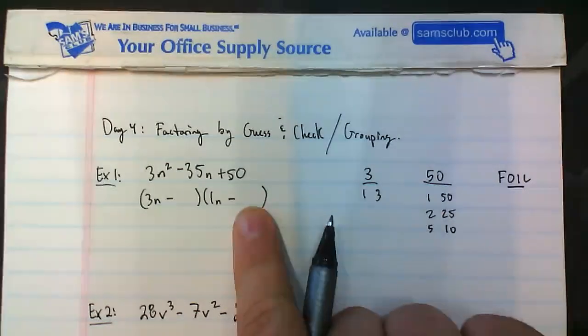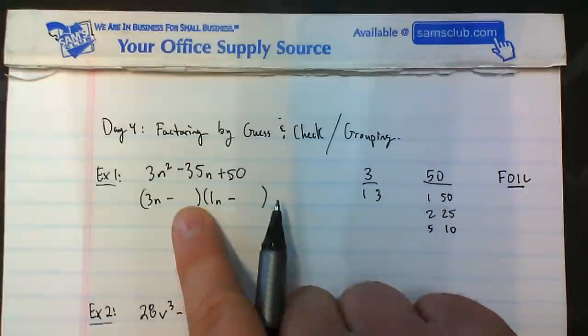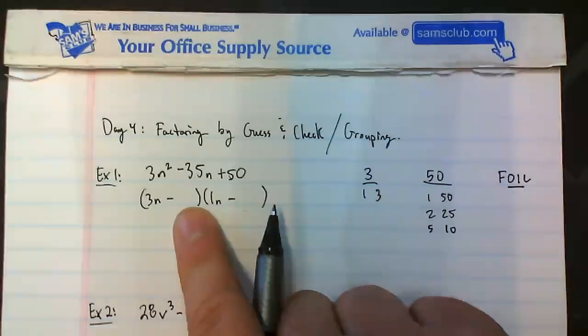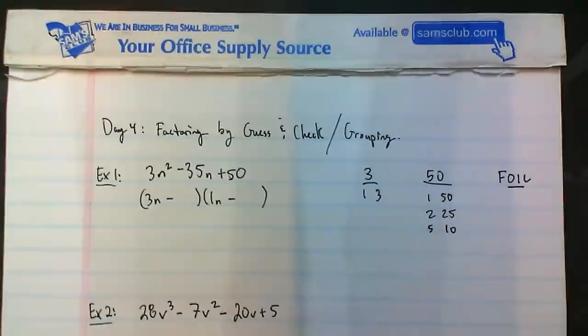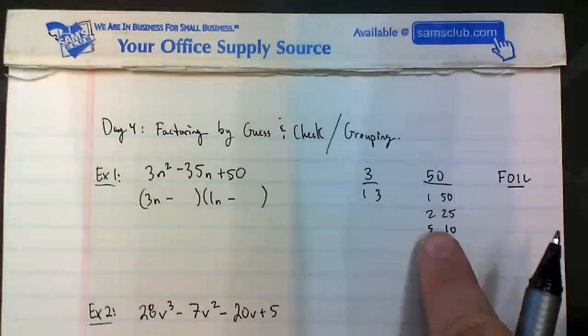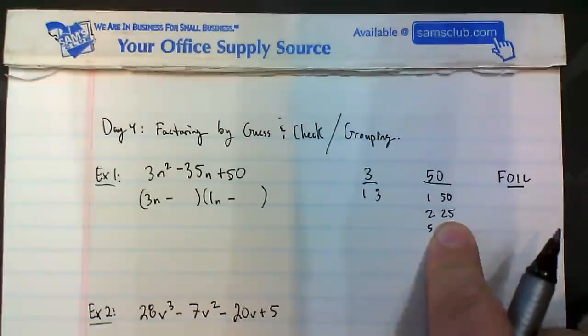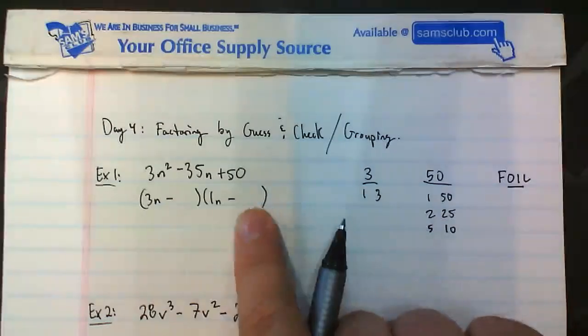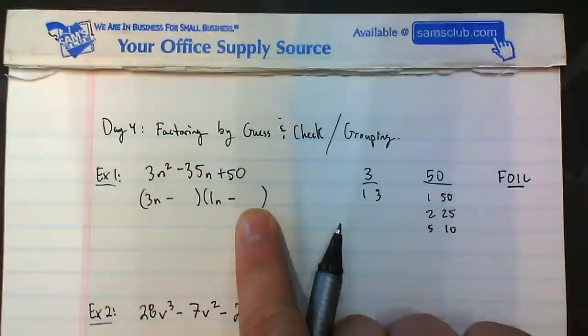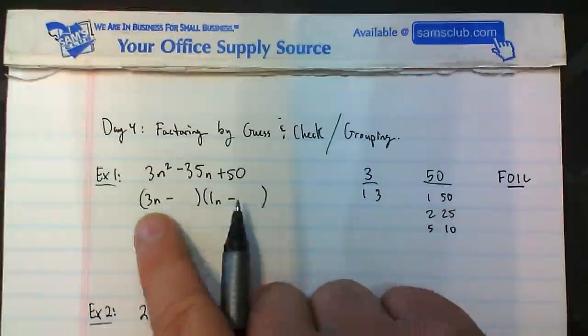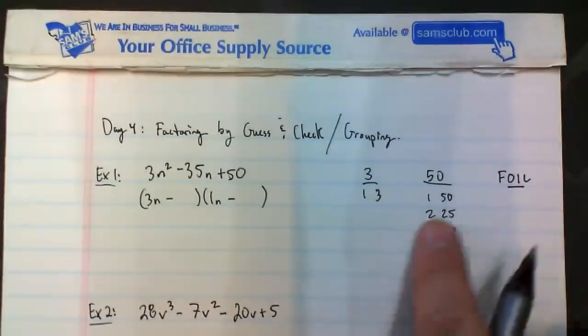So if you put the 1 here and the 50 there, that's going to give you 53 if you multiply everything through, and that's not even close to 35. If you put 2 and 25 in there, if you multiply 3 times 25, that's 75.